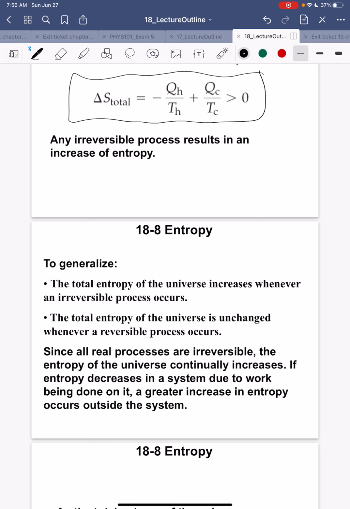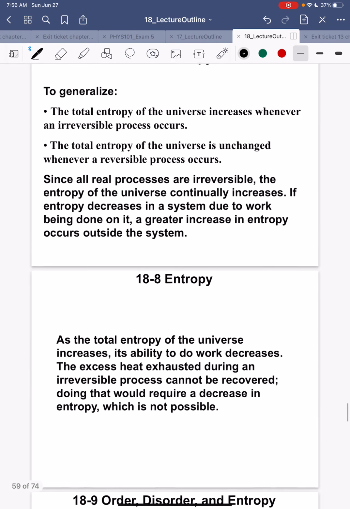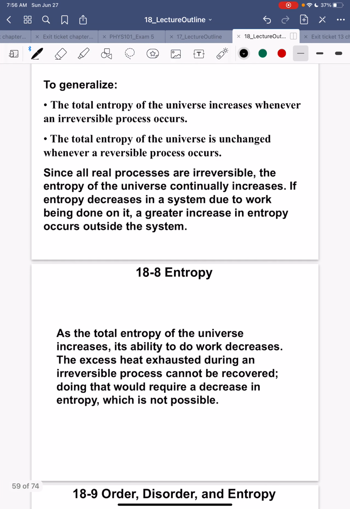If the entropy decreases in a system due to work being done on it, a greater increase in entropy occurs outside the system. As the total entropy of the universe increases, its ability to do work decreases, and the excess heat exhausted during the irreversible process cannot be recovered, since doing that would require a decrease in entropy, which is not possible.